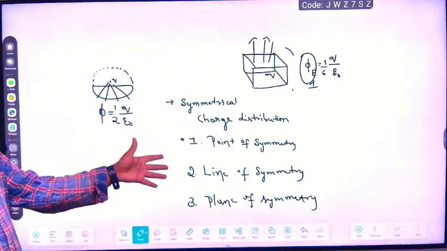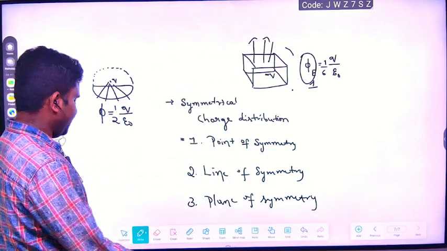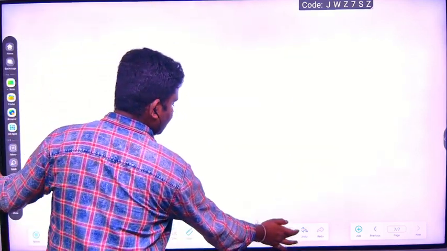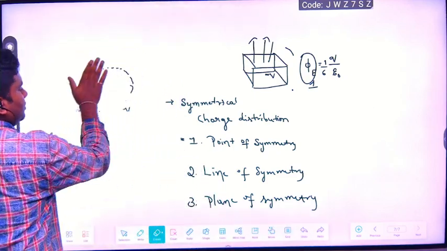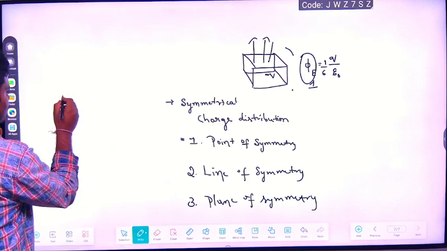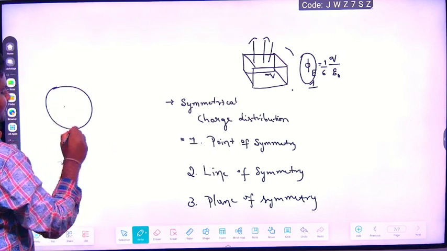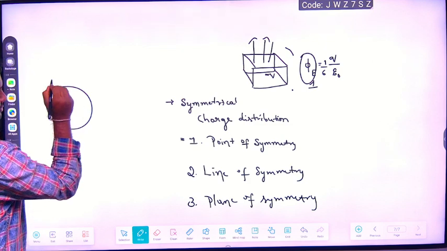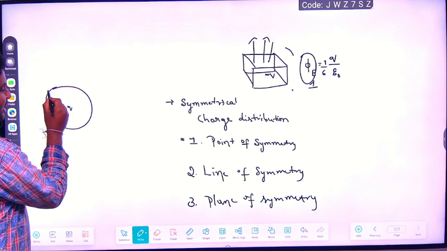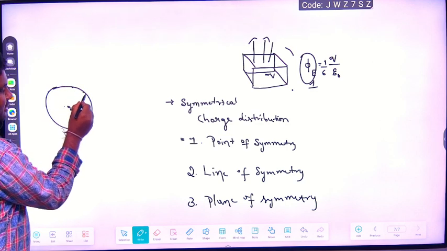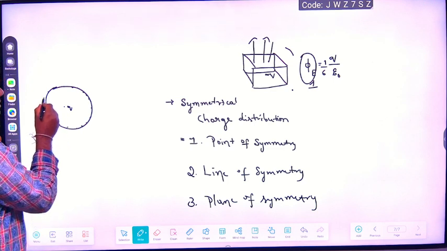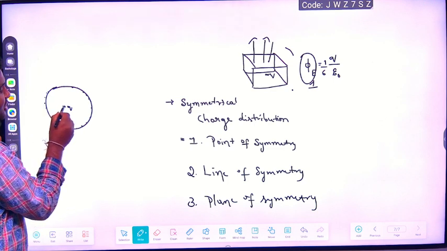See, what is this symmetrical charge distribution? Point of symmetry, I will explain here. If I have a spherical body, the charge is at the center or on the surface. Any point you take on the spherical surface is at equal distance from the center, or from the charge.